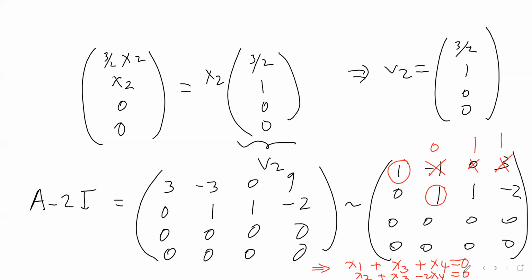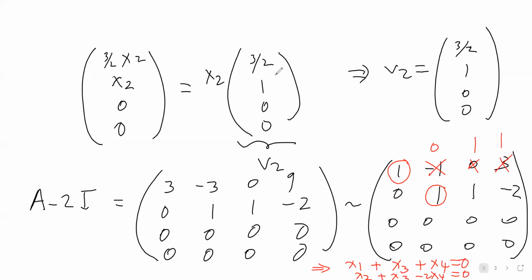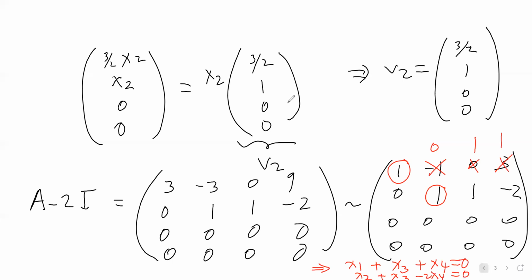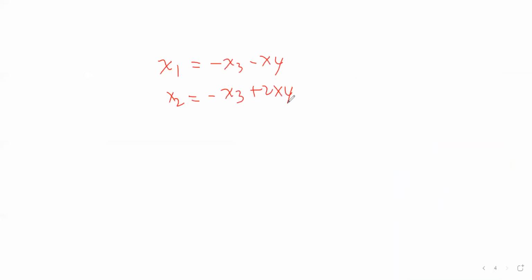And x3 and x4 are free. So then we're going to get x1, and then we have x2 equal negative x3 plus 2x4, yes. And this is really just turning into this.